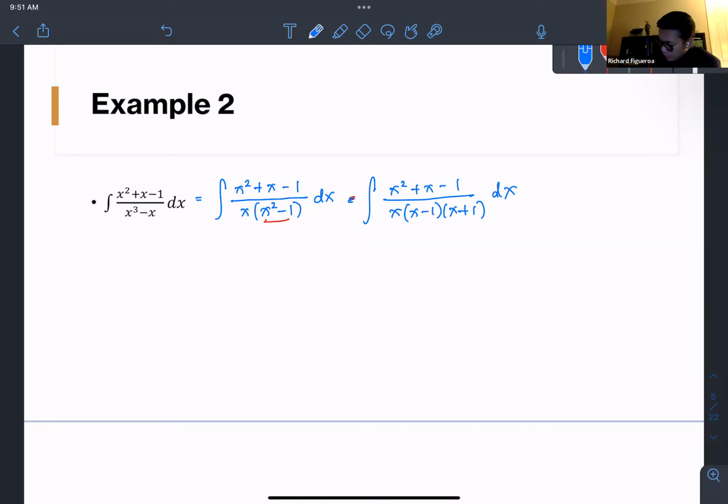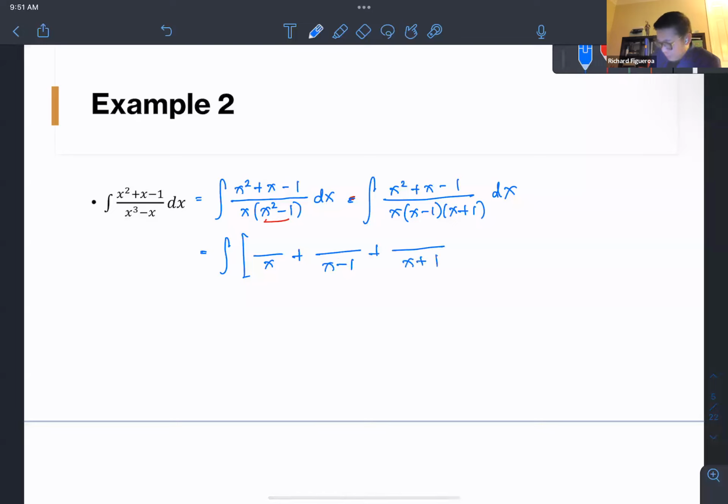So its equivalent partial fraction will be, I'll have x here, plus x minus 1 and plus x plus 1. All of those are linear. This is linear, x minus 1 is linear, x plus 1 is linear, dx. So therefore, it's still case 1.